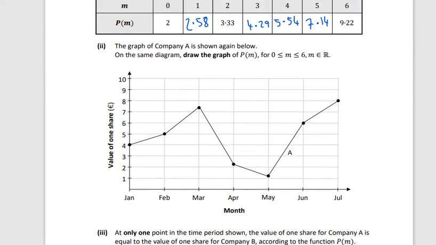Then you have to plot them on the graph. You need to make it big enough to see them here, but you just have to take your time. So something like that, and just join them up.